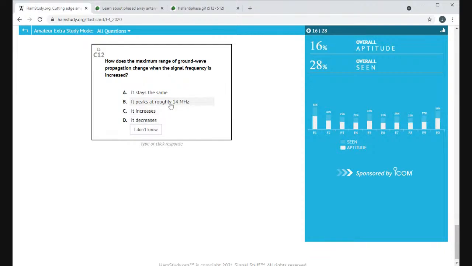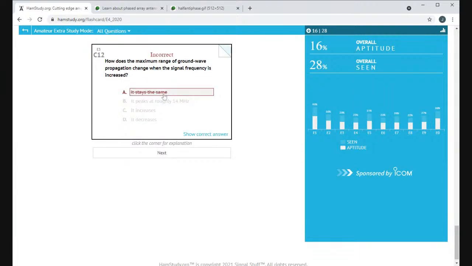It changes how it is reflected in the atmosphere, but I don't believe ground wave is changed. But let me see. So I'm picking A, and I am wrong. So it is D. The maximum range decreases as the signal frequency is increased.